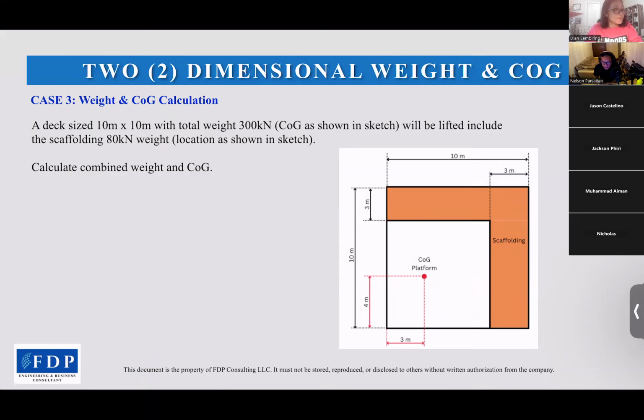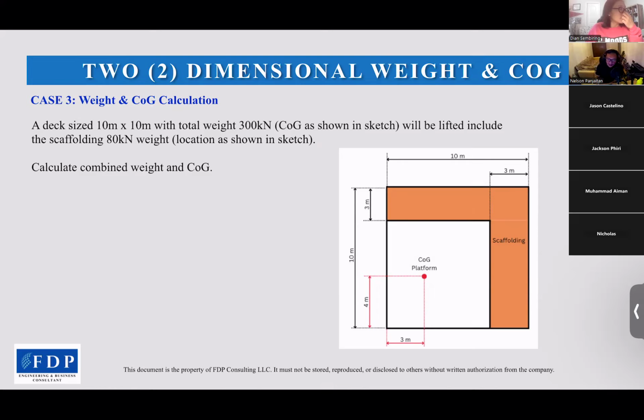Imagine if I want to take the COG of that particular pipe spool, can I go with this similar analysis, where the COG platform will be considered as zero weight? No, because that's the blank area.